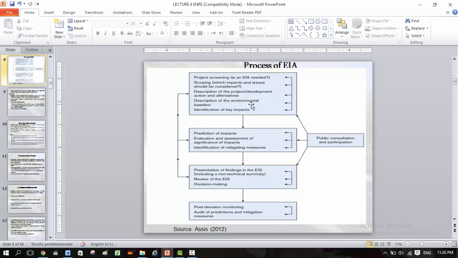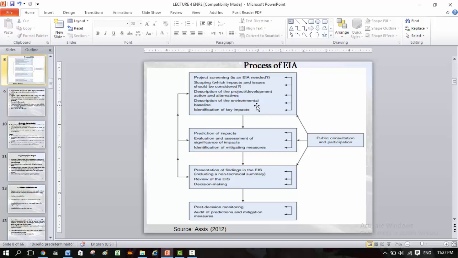A discussion of the environmental baseline, how it will affect the environment, which sector of the environment, which area of the environment, and identification of the key impacts.